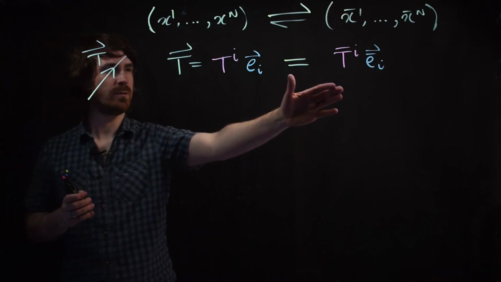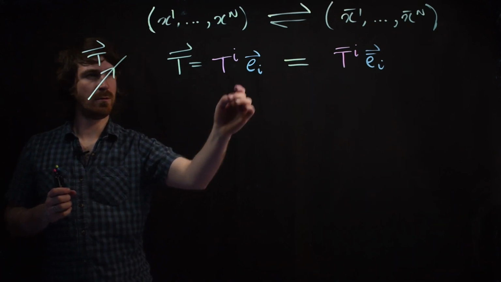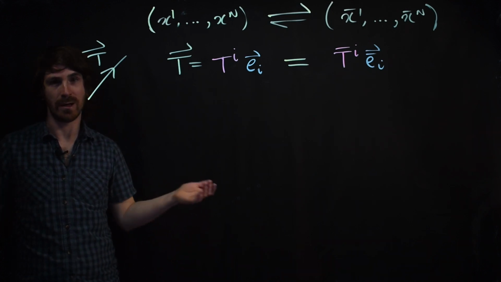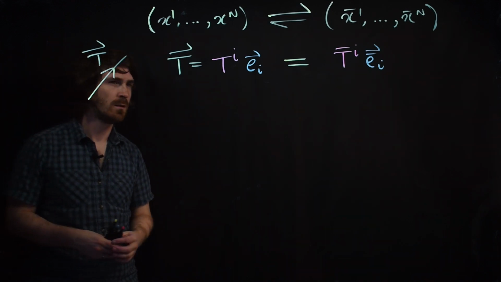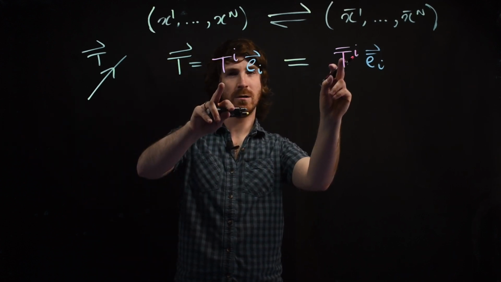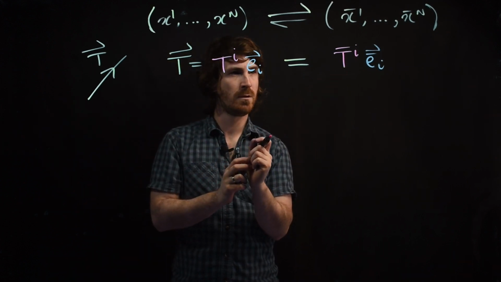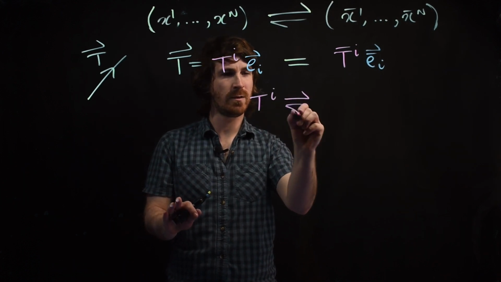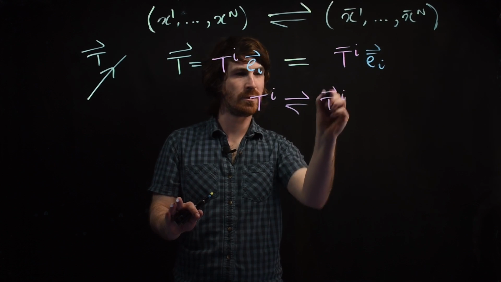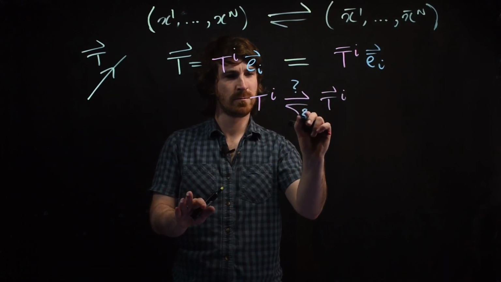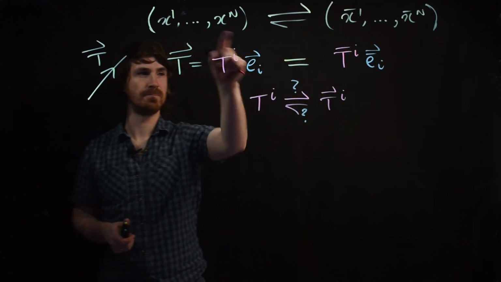Also, no coordinate system is superior to any other. So the question is, how do t i and t i bar connect with each other? What happens to the components when we transform between coordinate systems?